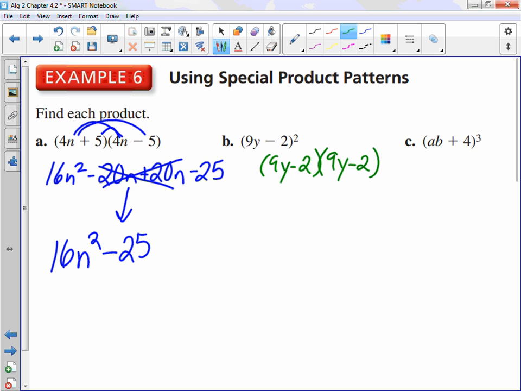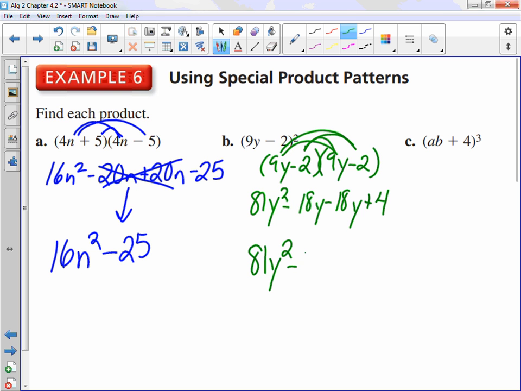Now here, we get 9y times 9y, which would be 81y squared. 9y times negative 2 would be negative 18y. Negative 2 times 9y would be negative 18y. Negative 2 times negative 2 would be plus 4, so I get 81y squared minus 36y plus 4.